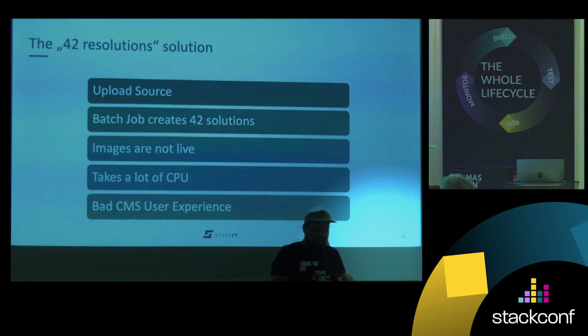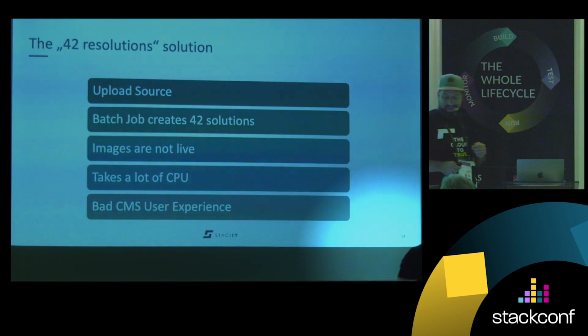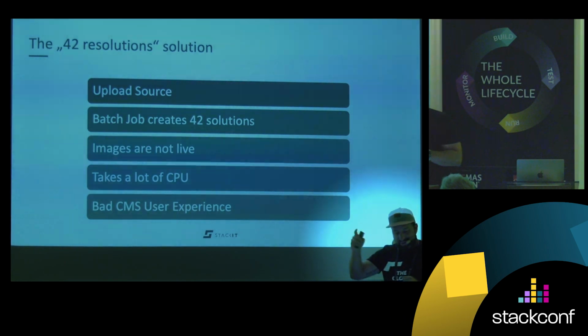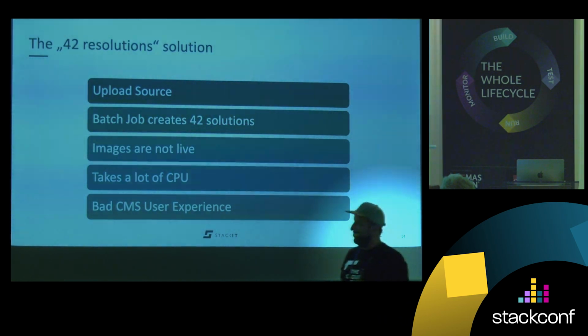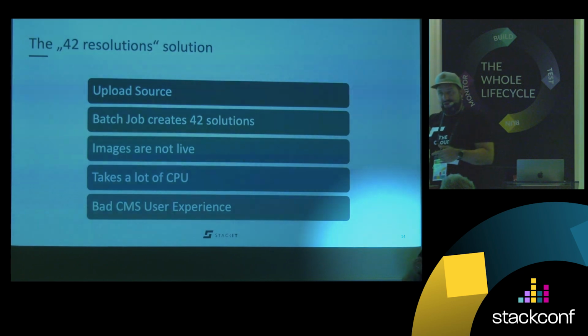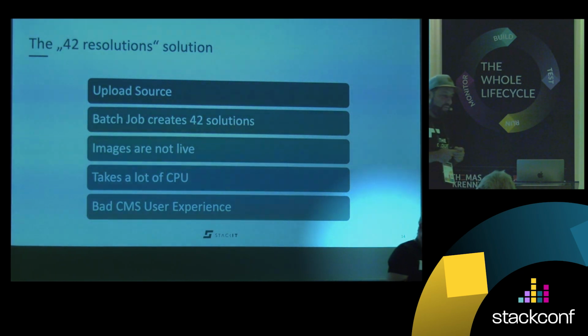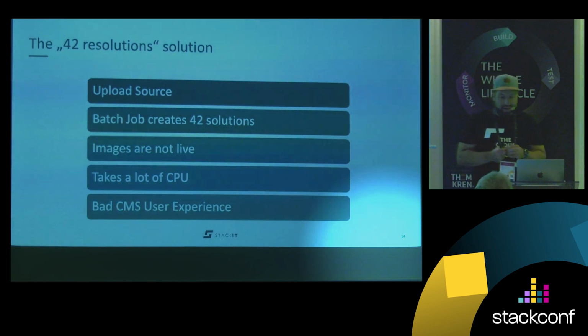Hey, I want to have the new images online. Oh, you have to wait for the batch job. And you're queued. 142 other images are in the queue in front of you, so you have to wait till tomorrow. It takes a lot of CPU to do that, as everything involving image transformation does. When doing it at scale, it's an interesting challenge.